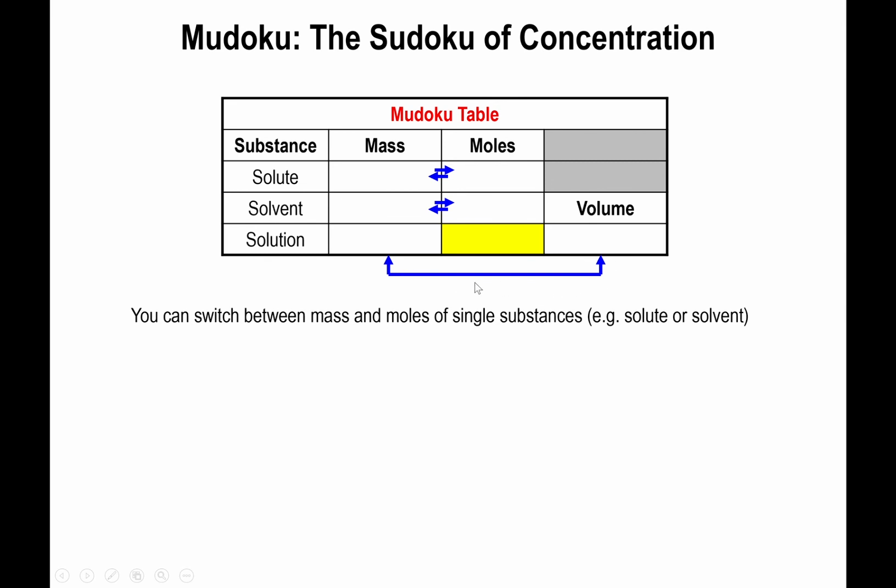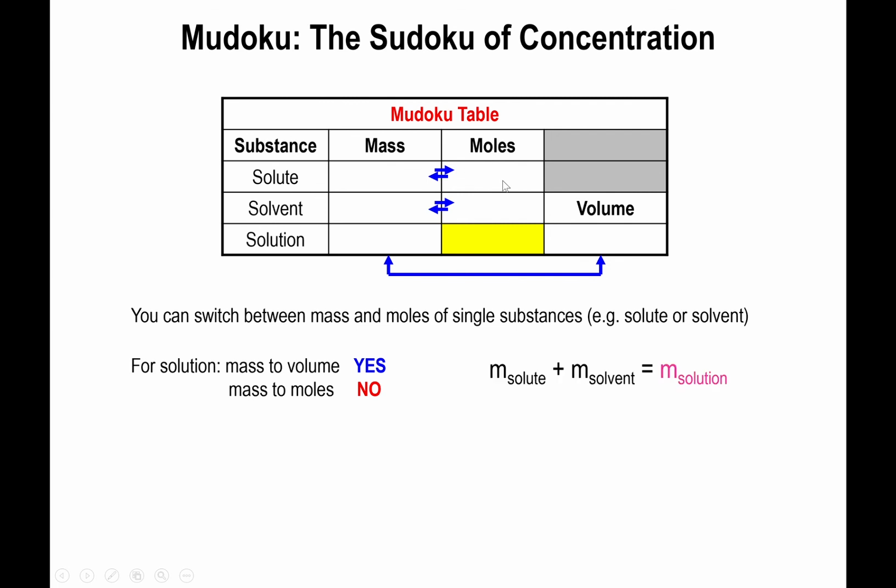This will, in essence, mean that you have to have the density of the solution present. Alright, so from mass to volume for the solution, you can do that. Mass to moles, it's going to be a little bit more tricky than it looks like. So right now, direct conversions, not direct conversions for solution. For solute and solvent, however, the mass to moles conversion is definitely allowed, and it can happen.